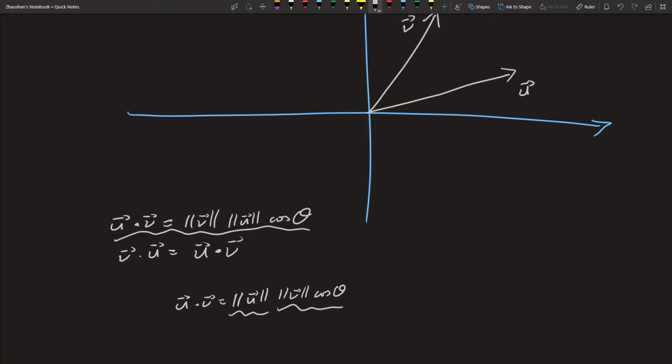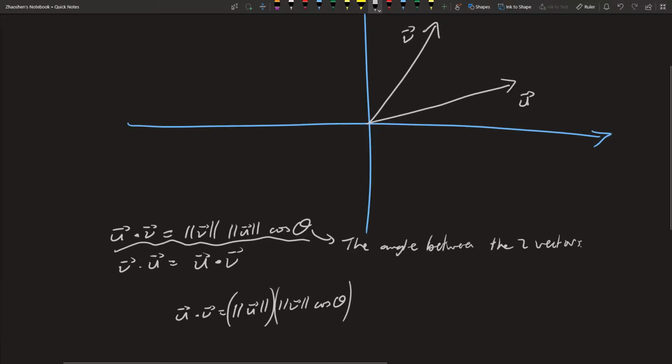So I'll multiply this quantity by that quantity. One remark: this theta is the angle between the two vectors. It's not the angle from the positive x-axis that rotates counterclockwise. This theta is the angle between two vectors. I'll explain why this is later, but just take it as a fact for now.